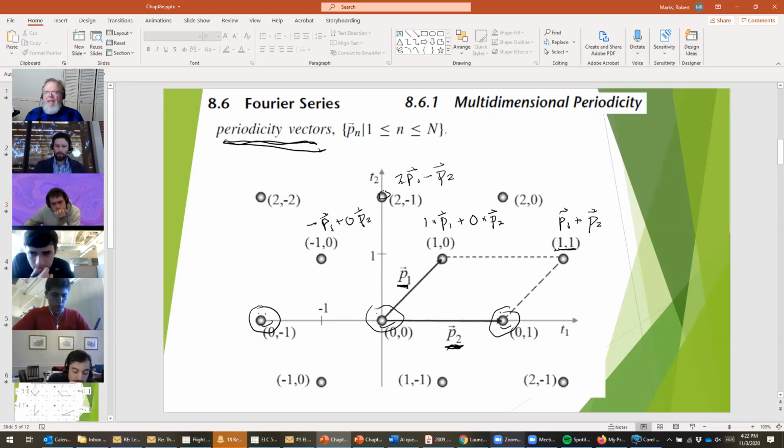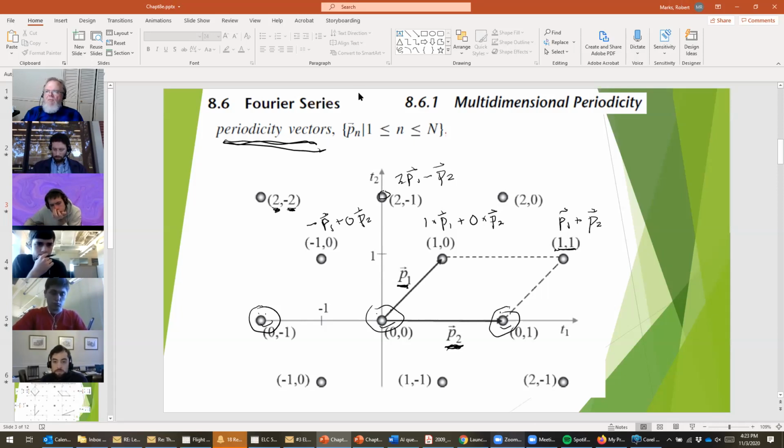Then by doing that, each one of these points has integer values assigned to it. And these integer values correspond to the weighting of the P1 and the P2 to give us this point. I think you can see this can be generalized to higher dimensions also, where we would have periodicity vectors.